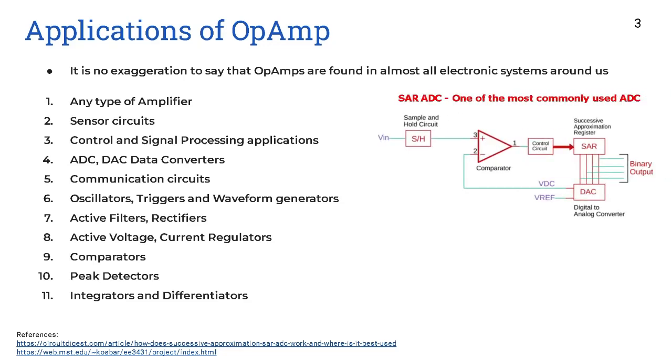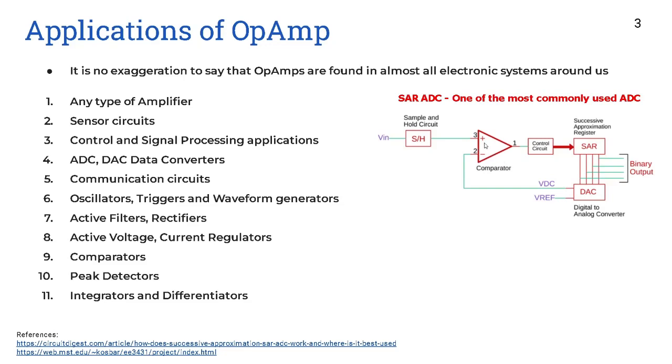So you can see an ADC here on the right side, which is called the SAR ADC, Successive Approximation Register ADC. And you can see that the op amp is used as a comparator here in the middle. A comparator basically compares the two voltages between the plus and the minus terminal, and it outputs a bit, a 1 or 0, depending on which input is higher.